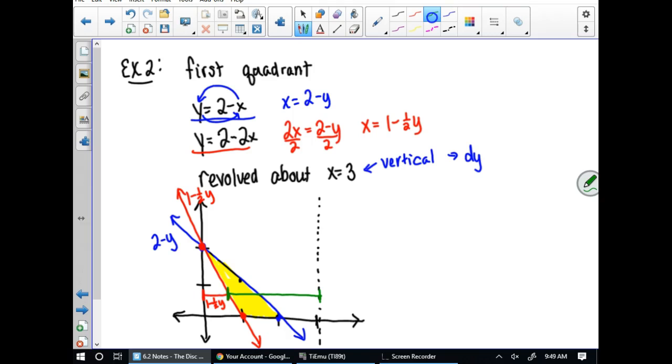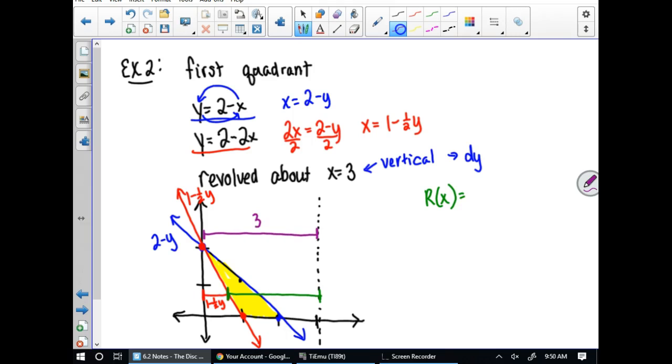So for that green right there, what equation could I write for that value? What is the distance from here to here? Total distance. That is 3, right?